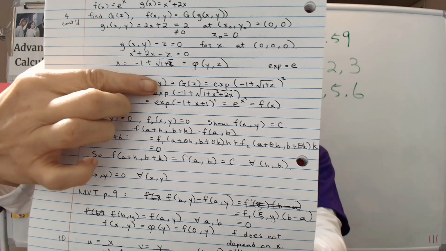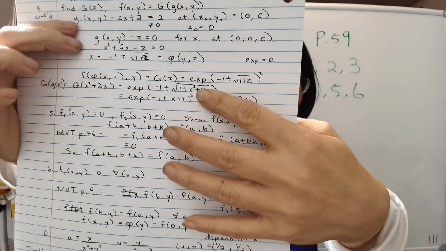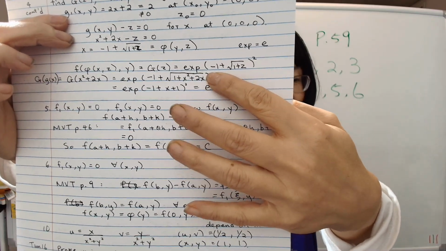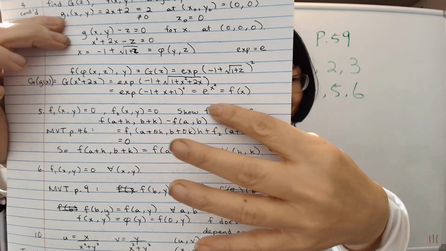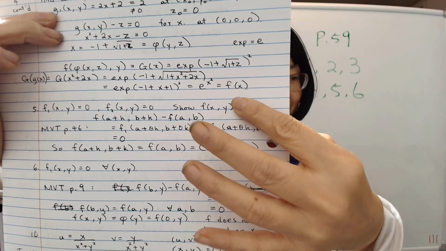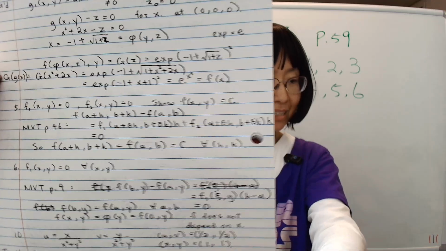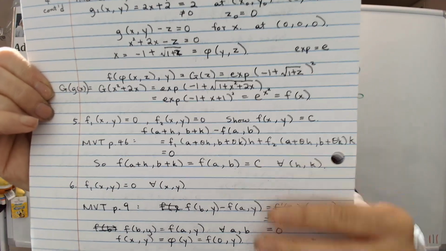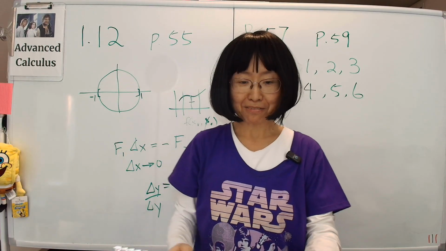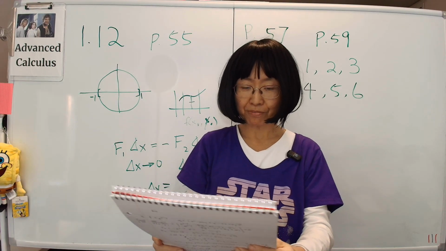G is this thing right here, which is the e of all that, okay? And when I double check by plugging things in, one does equal the other. That is, G of F of x does end up equal to f of x, by the time you get through some minor algebra. So that works out very nicely, and that's problem 4.